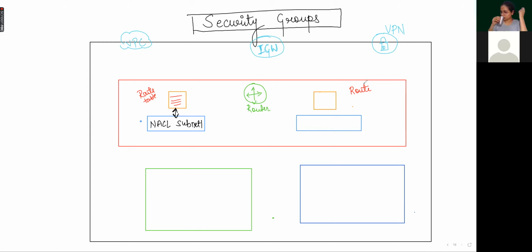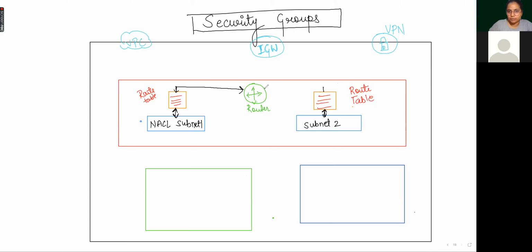Okay, back. This is another routing table, and this is subnet 2, and it is the routing table of this subnet. Now what happens? This routing table is connected to this router.